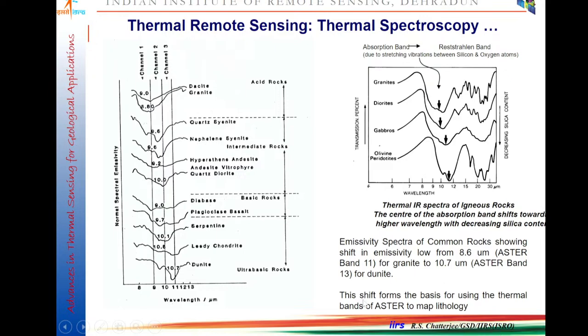So from this shift, you see 8.6 is basically ASTER band 11 and 10.7 is ASTER band 13. So depending on the energy radiated in ASTER band 11 and ASTER band 13, you can make an assessment whether it is granitic rocks, syenitic rocks, or basic or ultrabasic rocks.